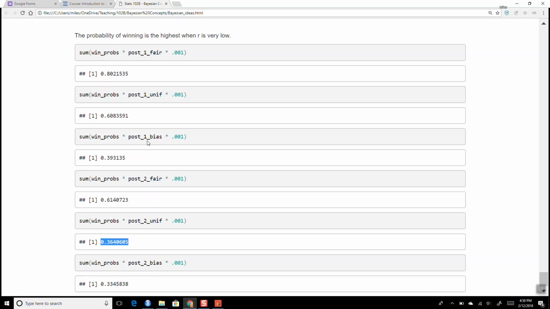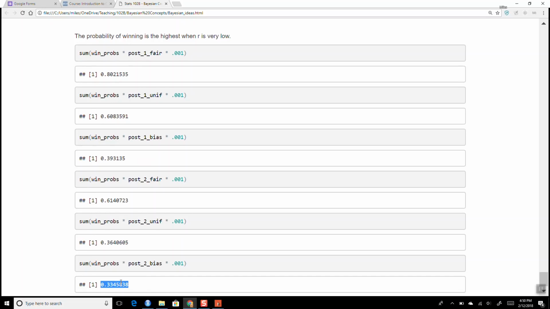But then here, I'm coming in with a biased perspective, thinking that the coin is very unfair, and so after viewing the outcomes, the probability that I'm going to win is lower, at around 0.39, and so on and so forth.